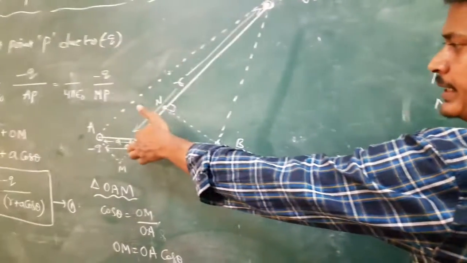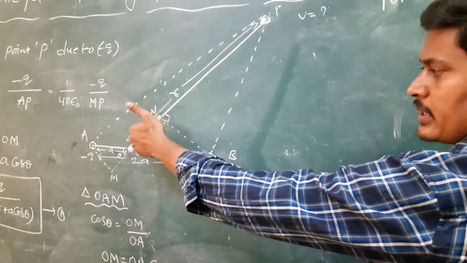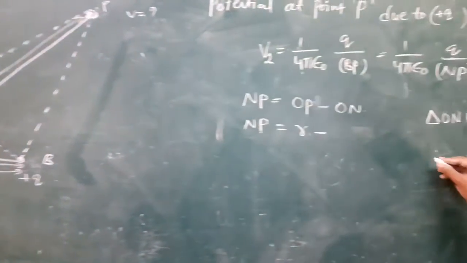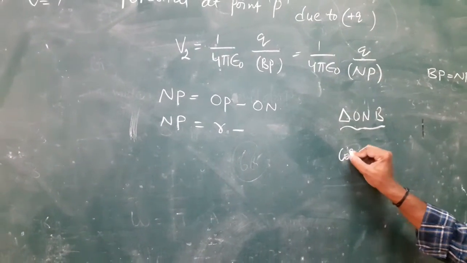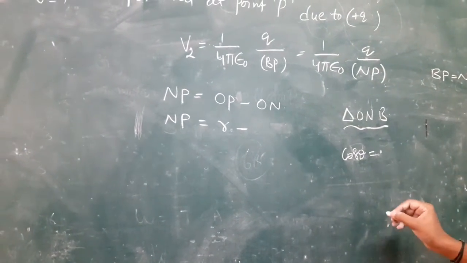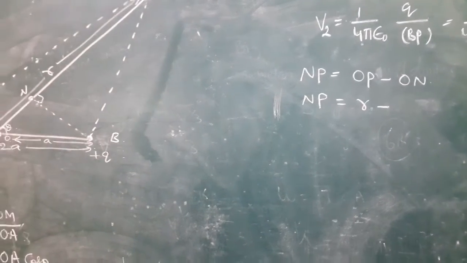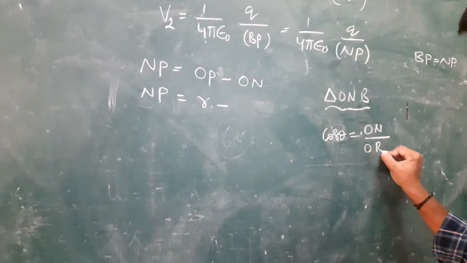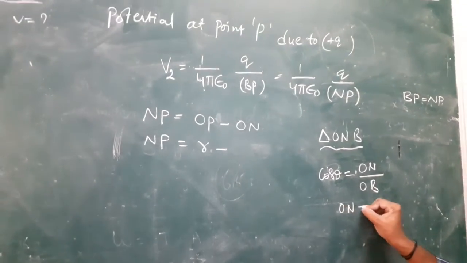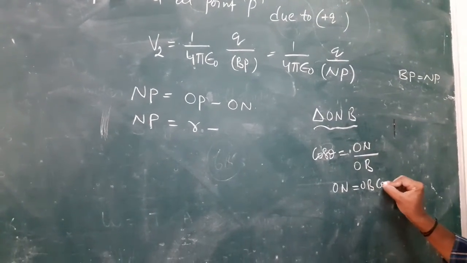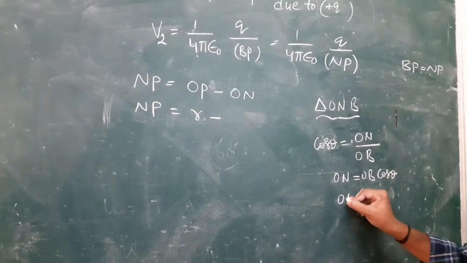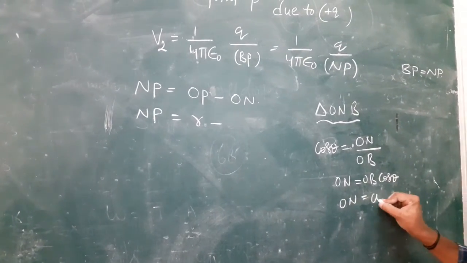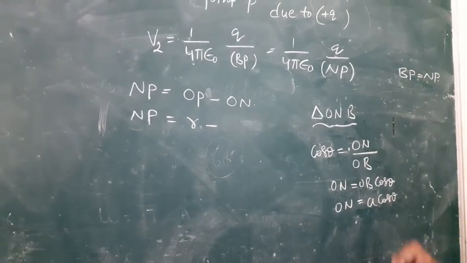Here theta, this is the opposite side, adjacent side, hypotenuse. Therefore cos of theta is equal to the adjacent side, that is ON divided by OB. ON is equal to OB into cos of theta, and OB is nothing but A, so ON is A cos of theta.